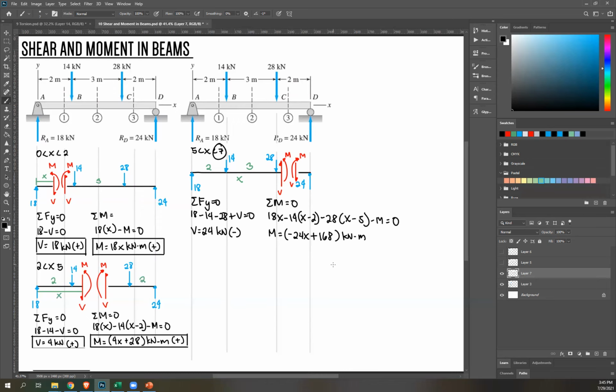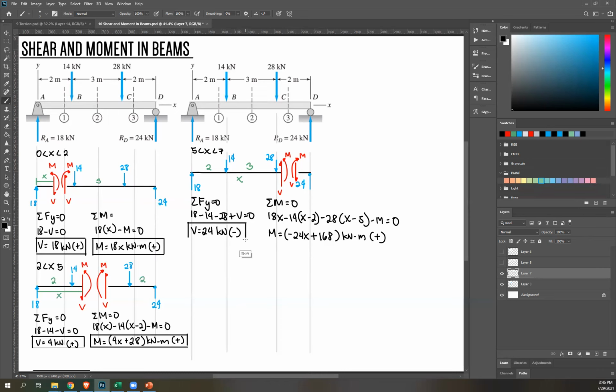You can choose the greatest number, 7. Sub 7 here, negative 24 times 7, that's negative 168. Negative 168 plus 168, you get a 0. So you can't choose any number greater than that since that's already the upper limit. Therefore, there's no value for x that will make this negative. Therefore, the answer here is positive. Correct assumption. And then my assumption again is this way. So it's going to create a smiley face. So this is positive. Okay.